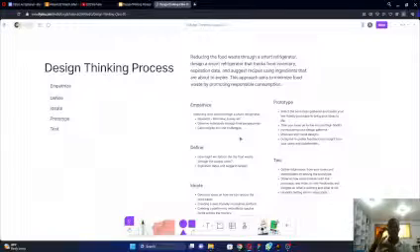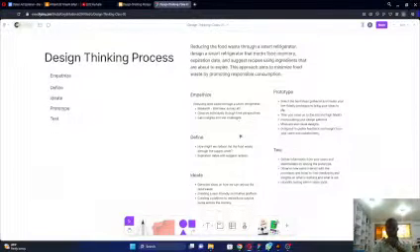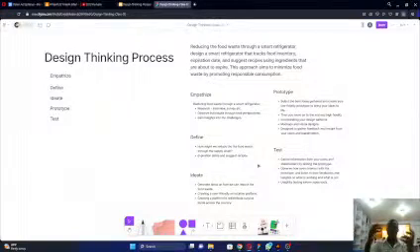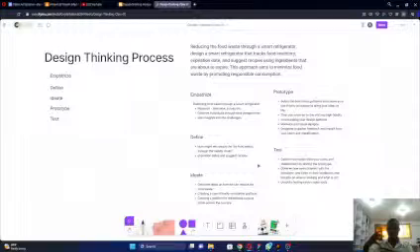And ideate is where you generate ideas on how you can solve this problem. So for this task, on how you can reduce food waste by creating a user-friendly and intuitive design, create a platform to redistribute the surplus food across this country.